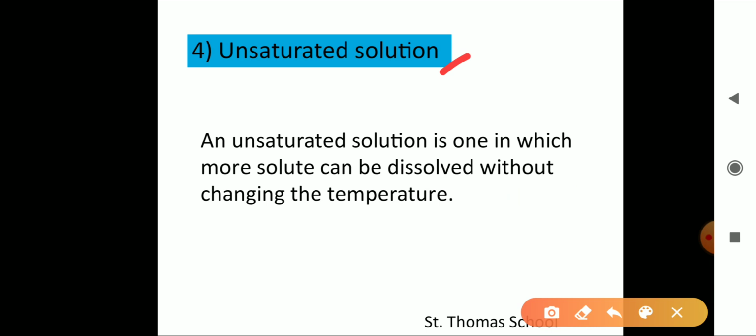Unsaturated solution is one in which more solute can be dissolved without changing the temperature. I repeat, an unsaturated solution is one in which more solute can be dissolved without changing the temperature.